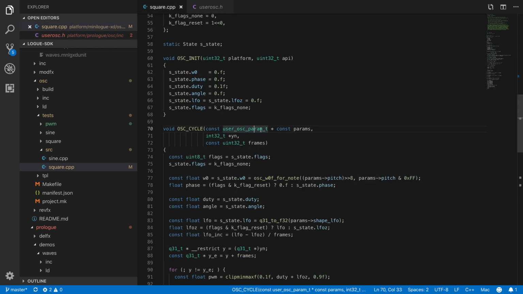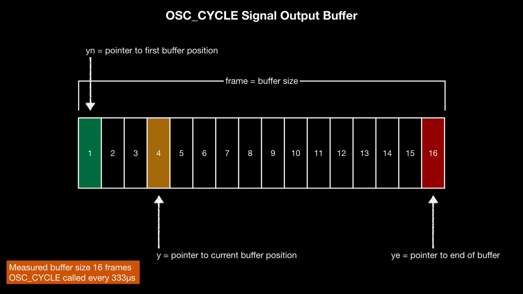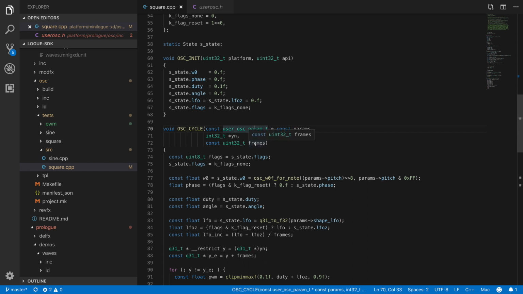All right, so this is what we get over here. Then we get a pointer to an array of 32-bit integers. This is the output that we will be returning to the synthesizer. And that's the amount of frames that it is going to get called for.